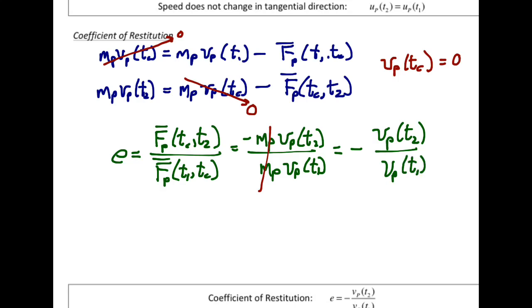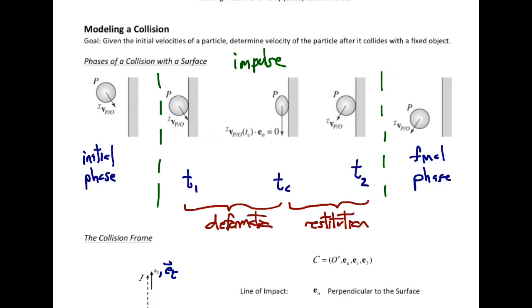Alright, so let's make some observations about this expression for the coefficient of restitution. We have a negative sign here, and this negative sign is simply relating this necessary change in direction by that particle, because when it bounces off of the surface, it's going to hit the surface along the line of impact, let's say moving to the right, and then in the final phase, we should be moving in the opposite direction when we're considering the normal direction or this line of impact.